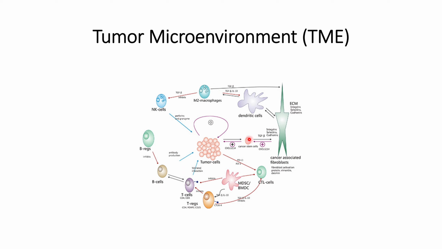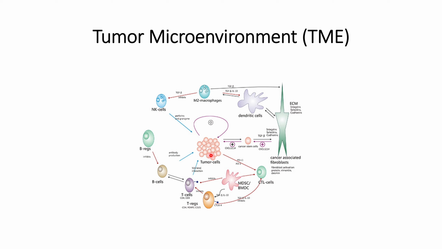So when extracellular matrix formation occurs, the dendritic cells cannot detect the tumor cells, and the further immune response is weakened. This is one way tumor cells prevent themselves from the immune response.